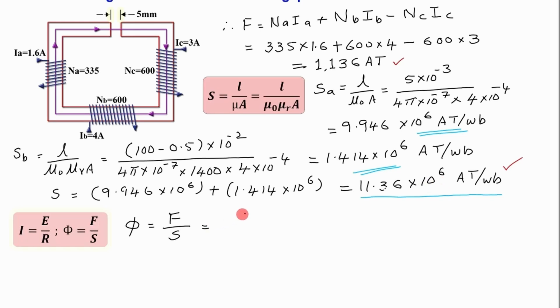So this is equal to 1136 divided by 11.36 into 10 raised to 6, which gives 100 into 10 raised to minus 6 Weber.